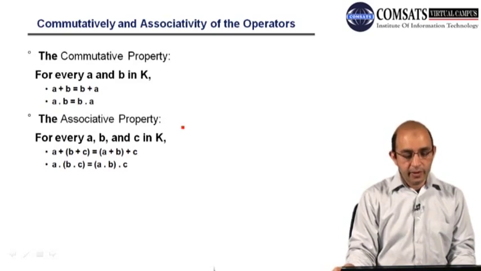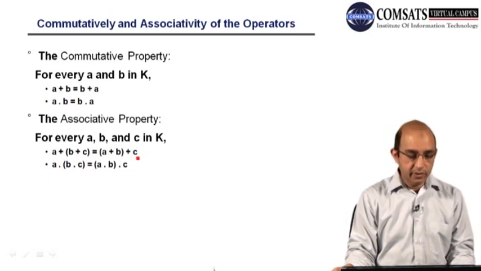If you look at this, A plus B plus C, so you have associated B and C and you have placed brackets, right? Then here we have associated A with B and we have placed a bracket, right? So here the C is alone.